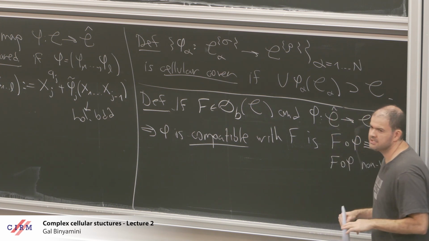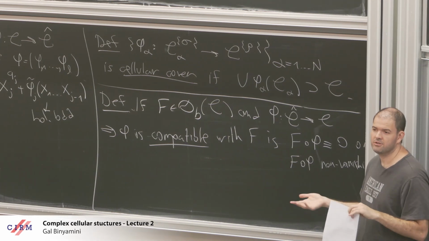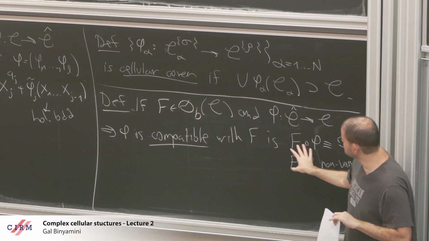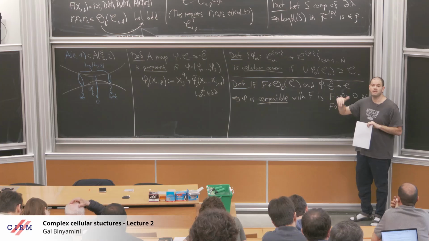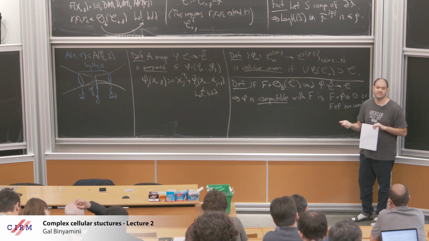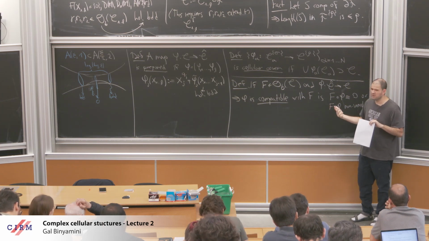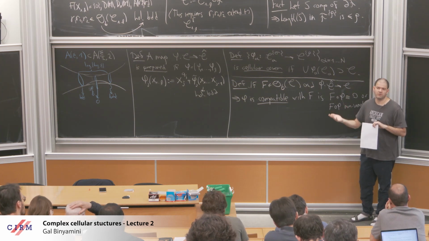Okay, so this again is kind of an exact analog of a similar definition in the semi-algebraic case or the o-minimal case. In the semi-algebraic case, we usually talk about a cell being compatible with a polynomial. And that means that the sign of the polynomial is constant on that cell. Okay, so here we can't talk about the sign because it's complex, but we can talk about vanishing or non-vanishing.